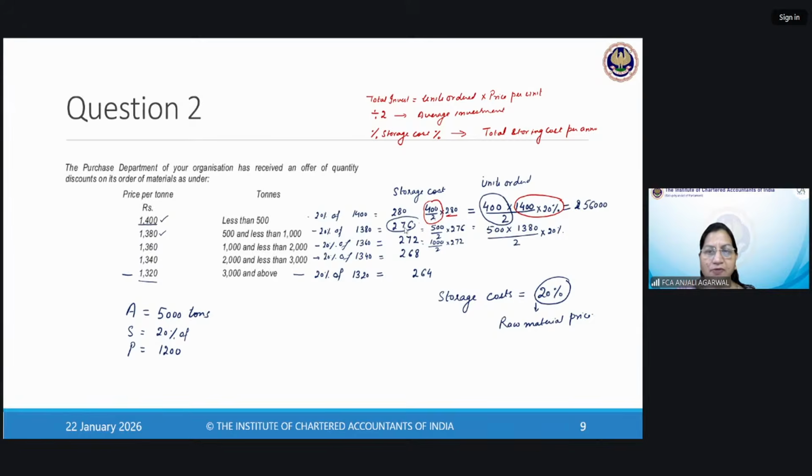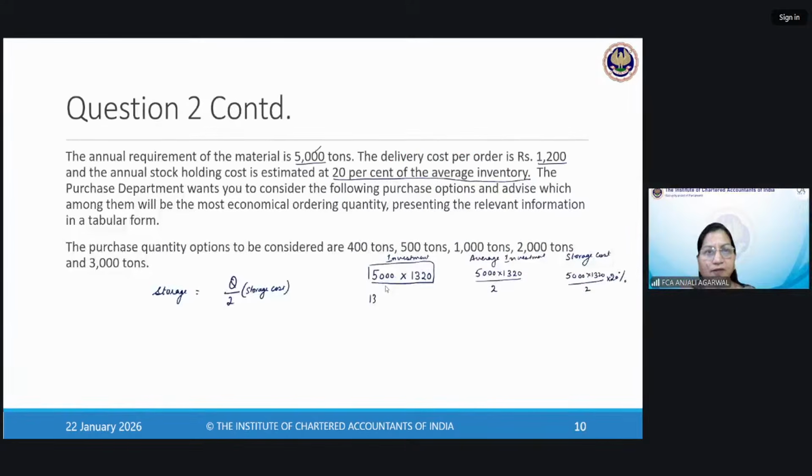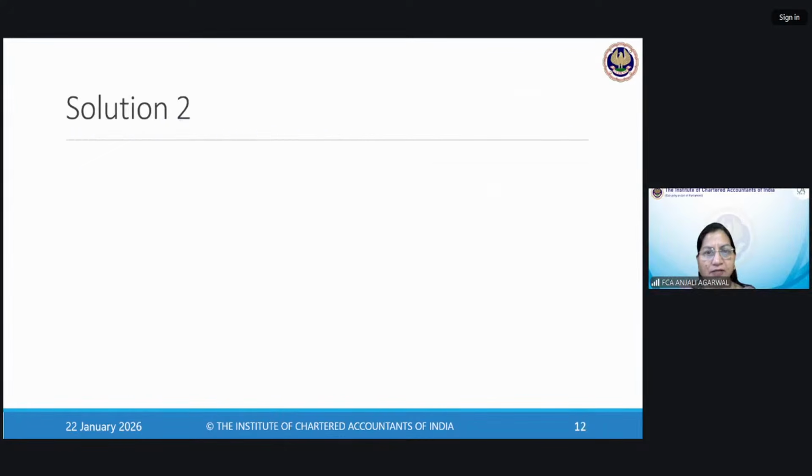So once you calculate 280, 276, 272, you can straight away go with the same procedure that we have followed so far. Units ordered divided by 2, average units held, into the storage cost. Any doubt or any question from here, please ask. Otherwise, we can continue.